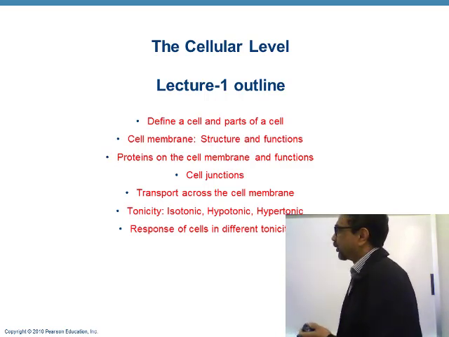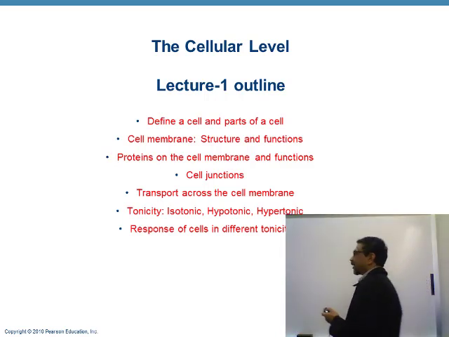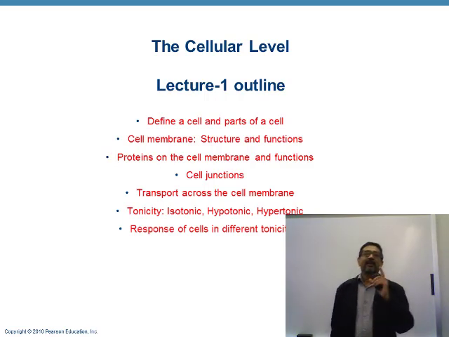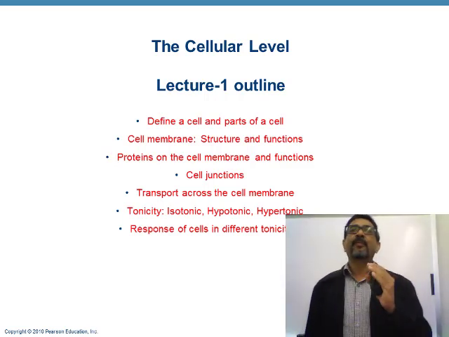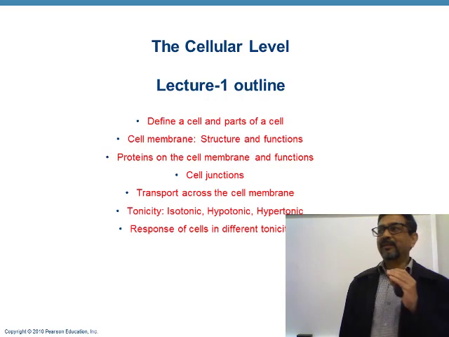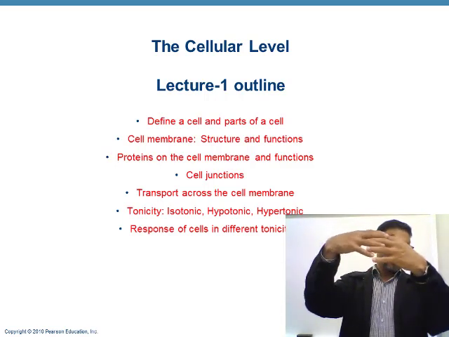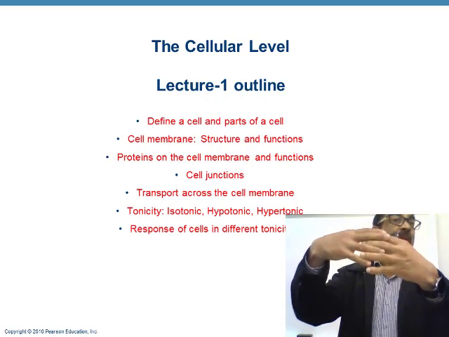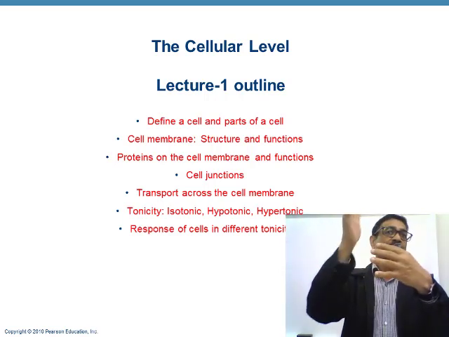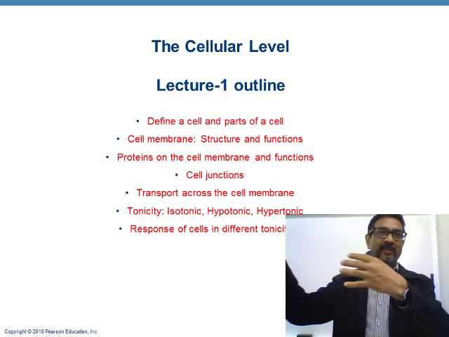Then we'll talk about the transport across the cell membrane. A living cell membrane is a semi-permeable membrane. That means it allows certain chemicals to pass through it, but not everything. That's why it is called semi-permeable, partially permeable. Make sense?